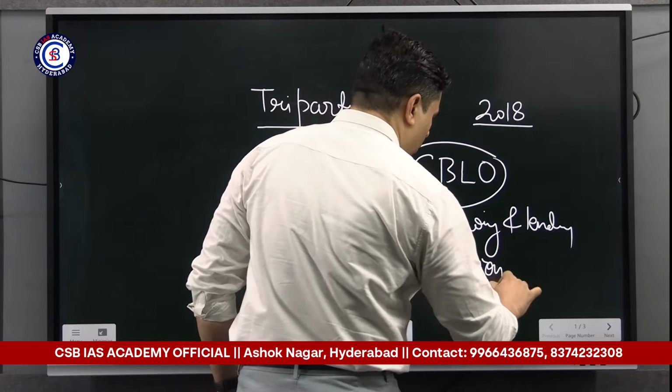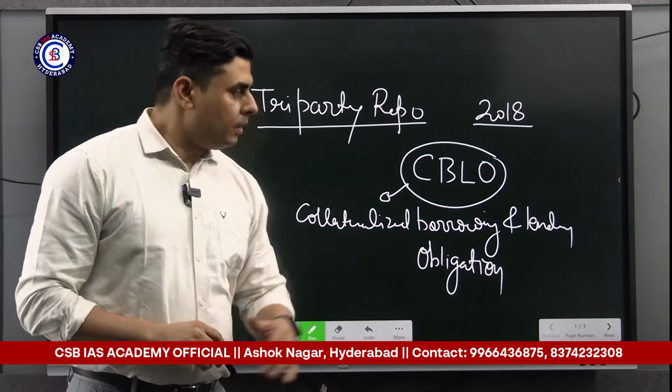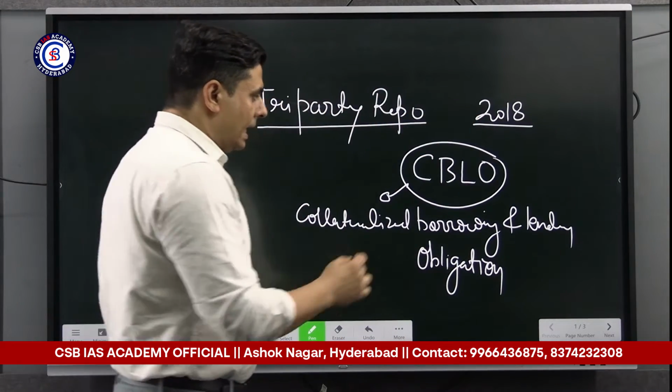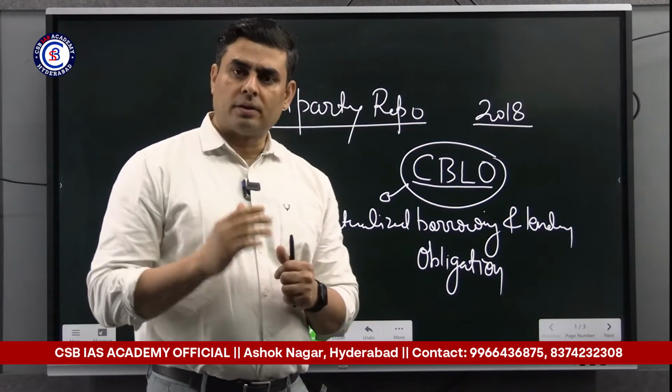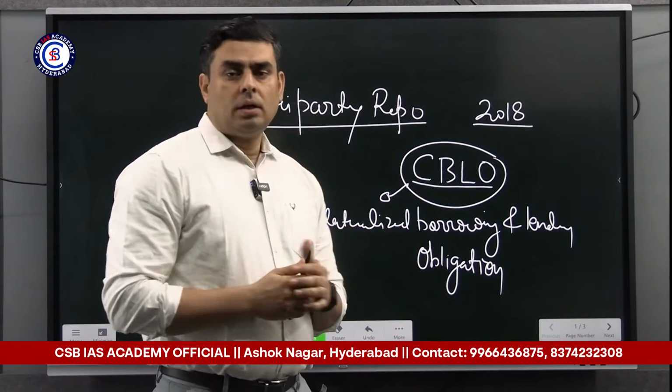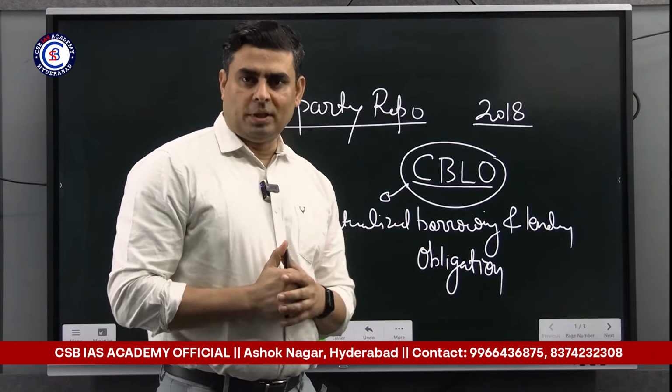Fine. So tri-party repo was introduced by the RBI in 2018, and it has replaced an already established facility that is known as what? That is known as collateralized borrowing and lending obligation.